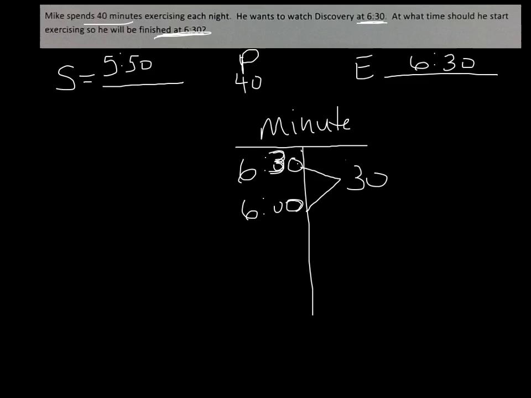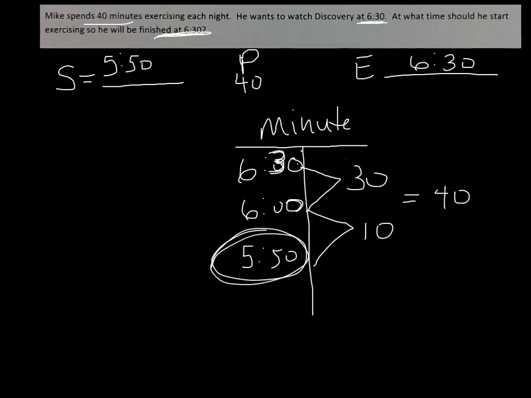Now, how many more minutes do I have to add to 30 minutes to get to 40? Well, 30 plus, hopefully you said 10, will be 40. So this equals 40 minutes, which means if I go back 10 more from 6 o'clock, it's 5:50. Same answer, really doing the same thing. I'm just adding my minutes a little bit differently.